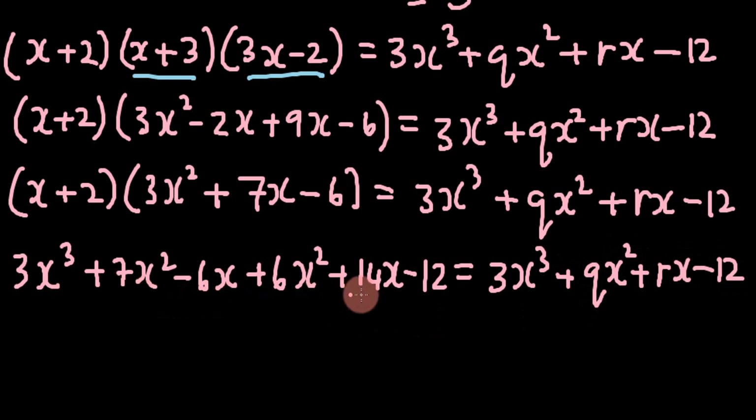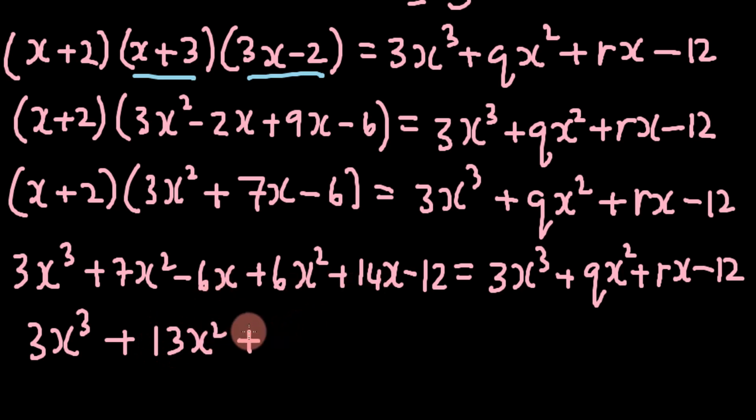We can add like terms here on the left-hand side. 7x squared plus 6x squared is plus 13x squared. -6x plus 14x is plus 8x.